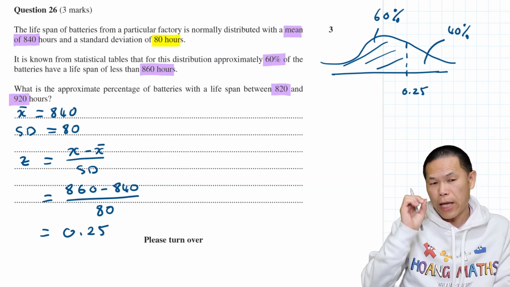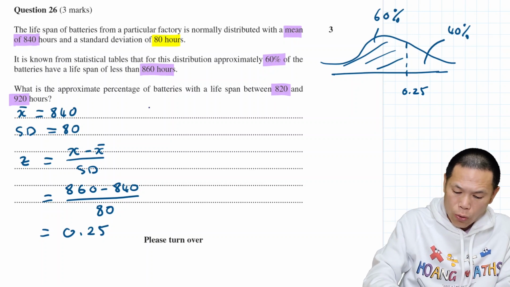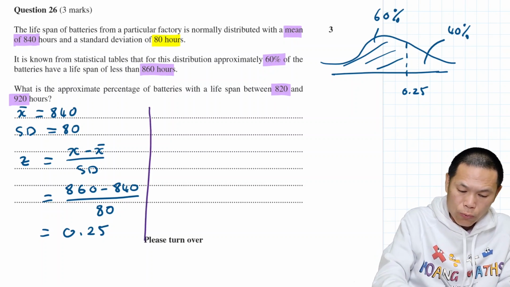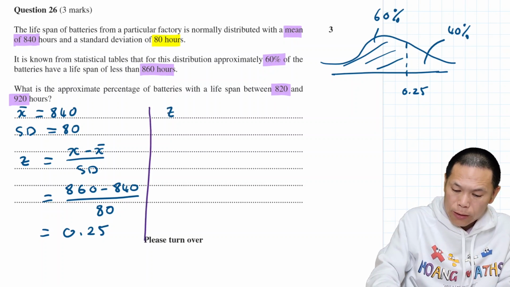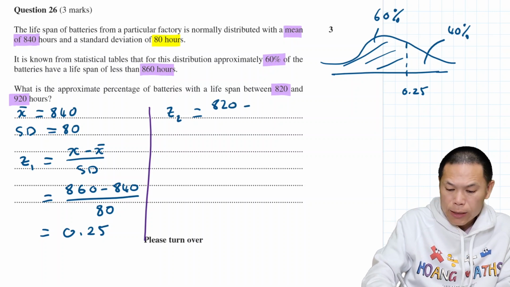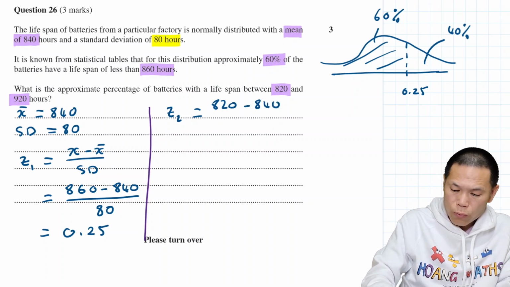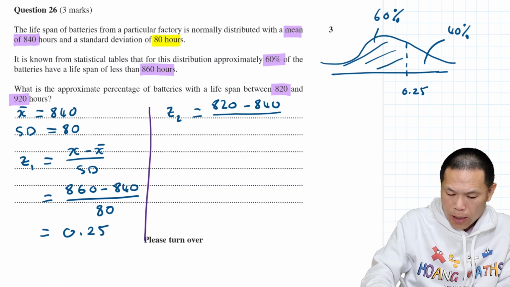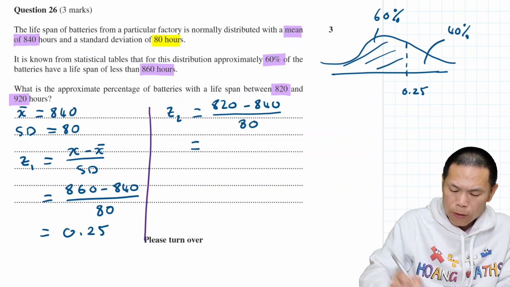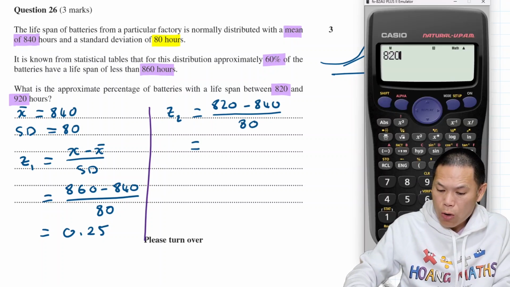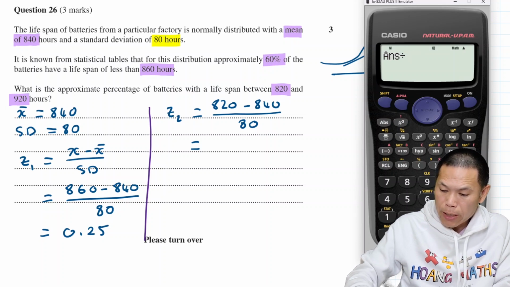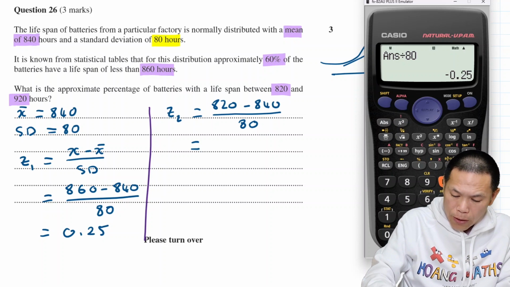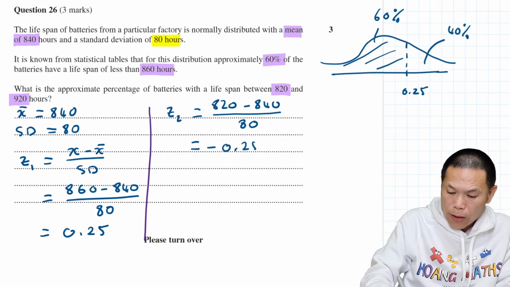So we need to convert that into z-score first, okay? So we have z2, this is z1 if you like, which is 820 minus 840. We divide this by 80. So just go 820 minus 840, and then we divide it by 80. So negative 0.25.